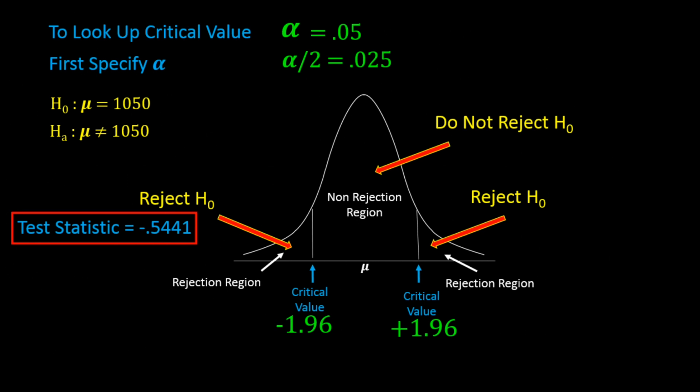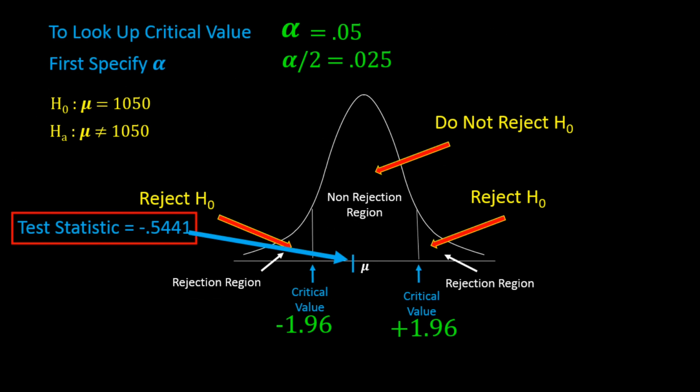The test statistic falls in between these two critical values, so it falls somewhere around here, but clearly in the non-rejection region. Think of the critical value as a cutoff point or a boundary, and then see where the test statistic falls in comparison to those critical values. So for this example, the test statistic is in between the two cutoff points, or the two critical values, and therefore in the non-rejection region.